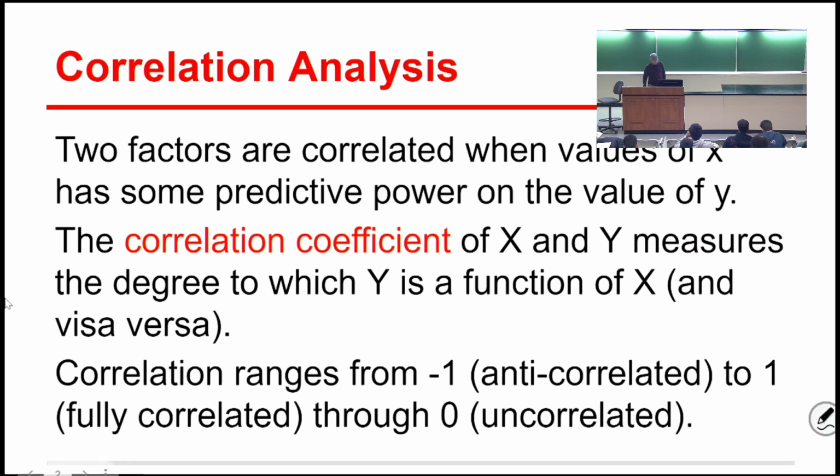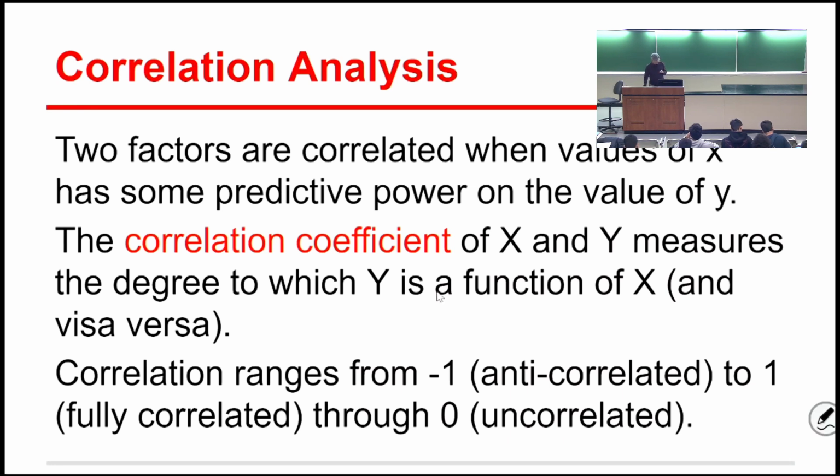And the correlation coefficient is a statistic that says, if you've got n points, each of which has an x and a y, to what extent is y a function of x and x a function of y, okay?